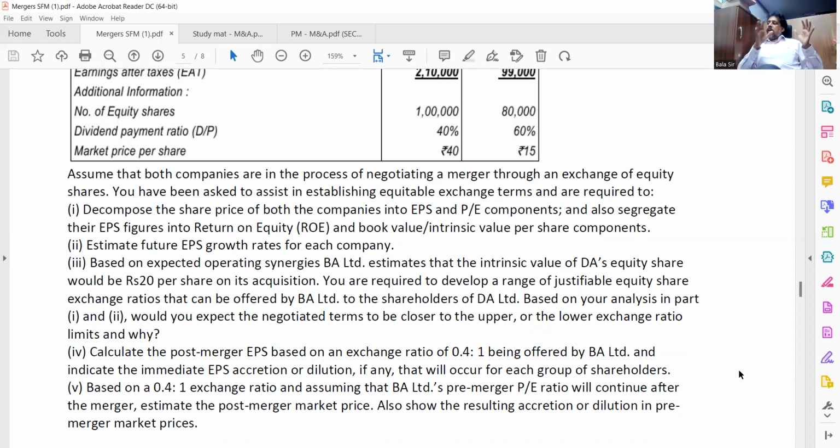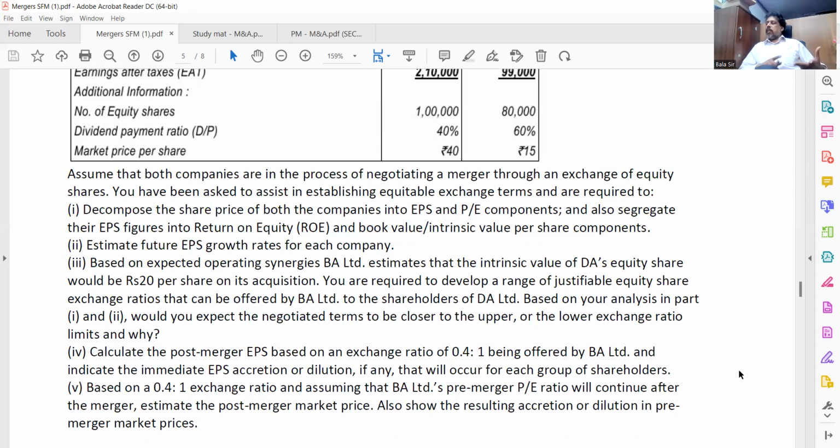So the first requirement, you have been asked to decompose. Let me explain that term later. Now you have been asked to decompose the share price into the price earnings multiple, the price earnings ratio, and also the earnings per share, right? And also you have been asked to deconstruct, or break, the earnings per share into 2 parts.